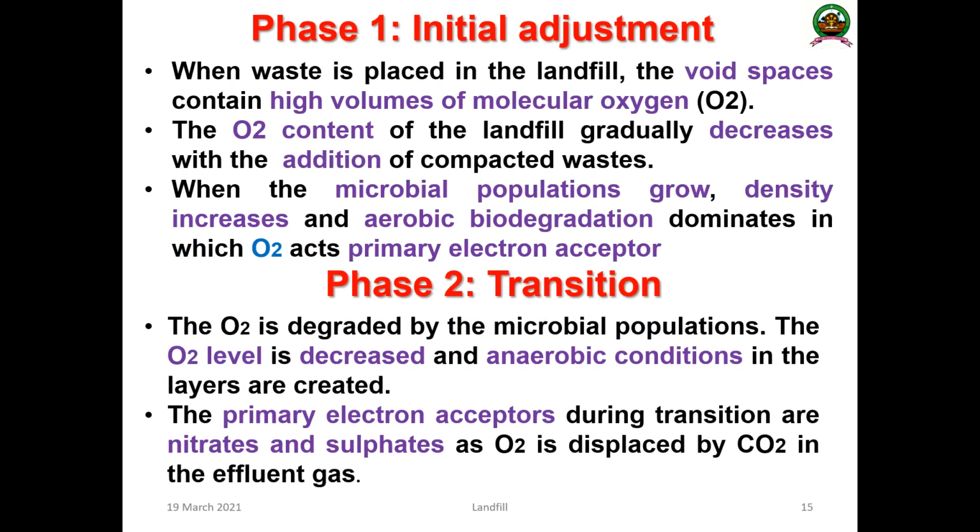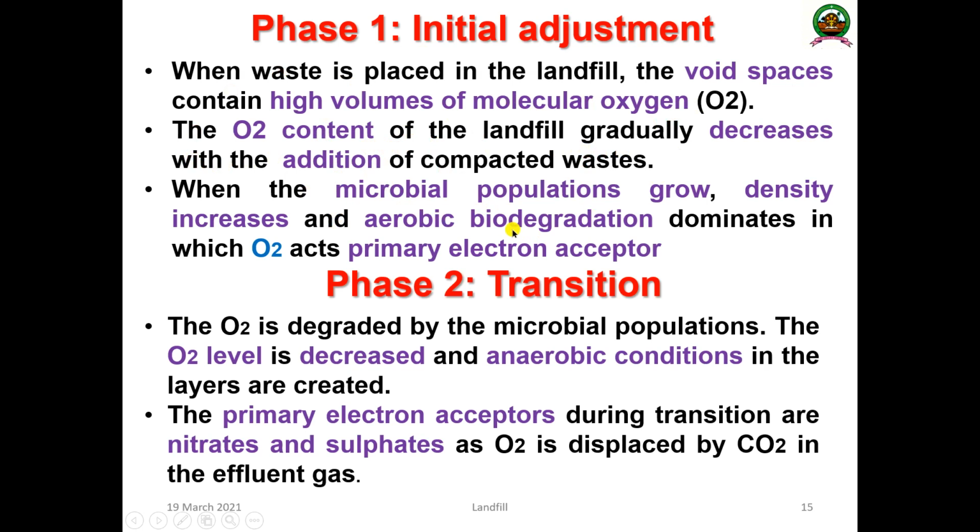First one is initial adjustment. So what do you mean by initial adjustment? When all the waste is adequately collected, transported and disposed into a proper place, that is, in a landfill, the void space contains a high volume of molecular oxygen. Even if you compact or confine the waste, there will be a lot of air, and so a lot of oxygen, between the waste material, and this oxygen content of the landfill gradually decreases with the addition of compacted waste.